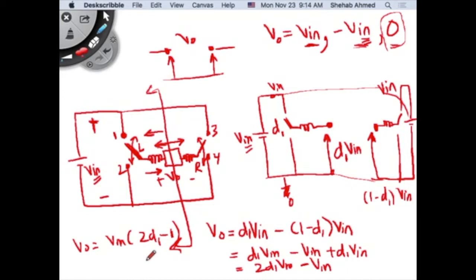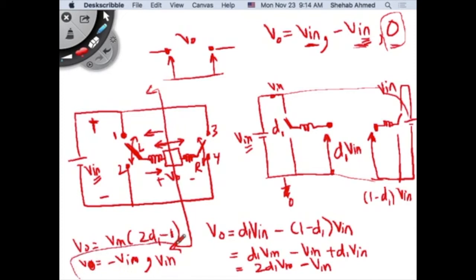So if duty ratio is equal to 0, what's my V output? Minus V in, exactly. If duty ratio is equal to 1, what is my V output? V in. Right?